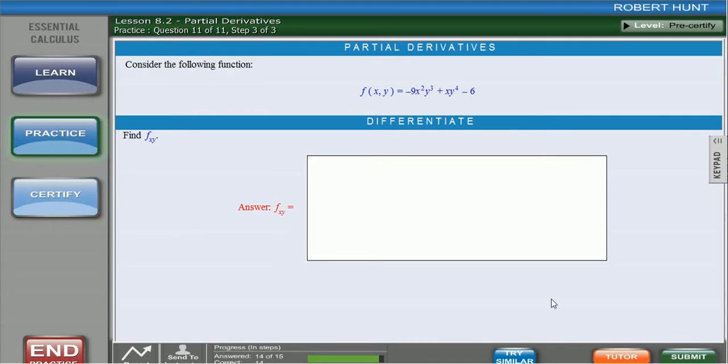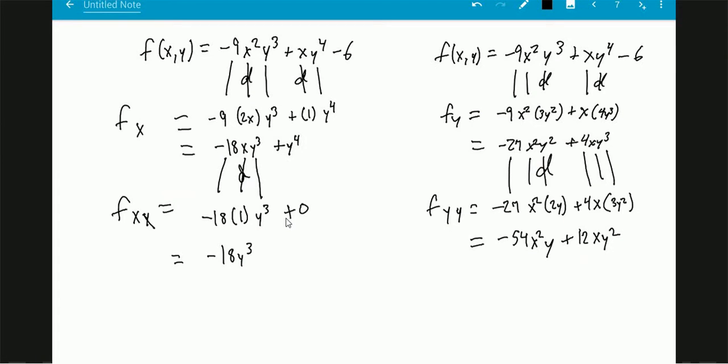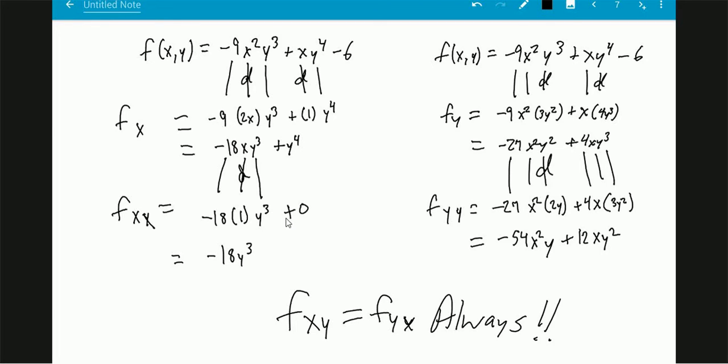Okay, there we go. And step 3, this is the last one, f sub xy. Now they could just as easily have said f sub yx. Remember, f sub xy and f sub yx are the same. F sub xy equals f sub yx always. So you actually have two choices.